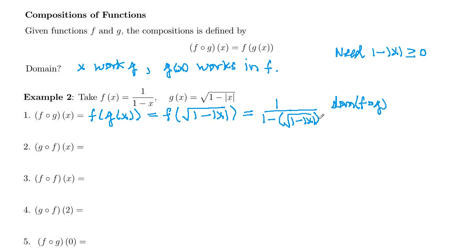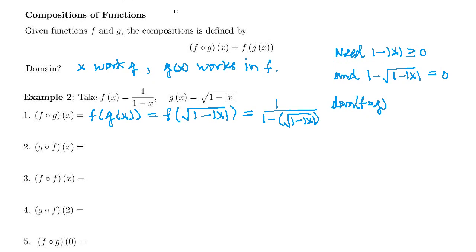But then also this whole denominator cannot equal 0. So we need that, and we need that 1 minus that quantity root 1 minus absolute x. We can't have that equal to 0.